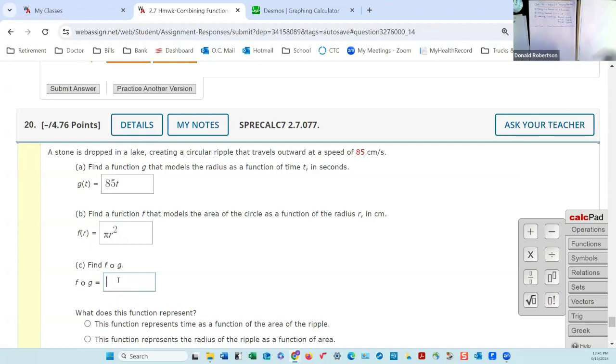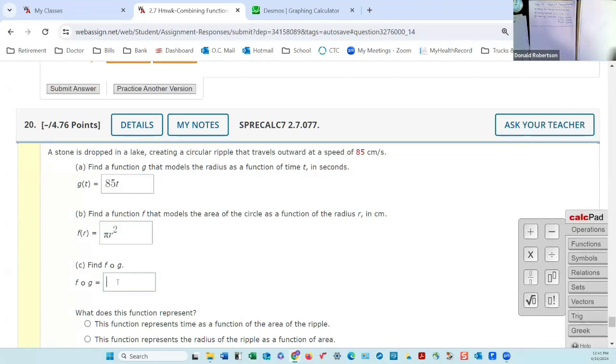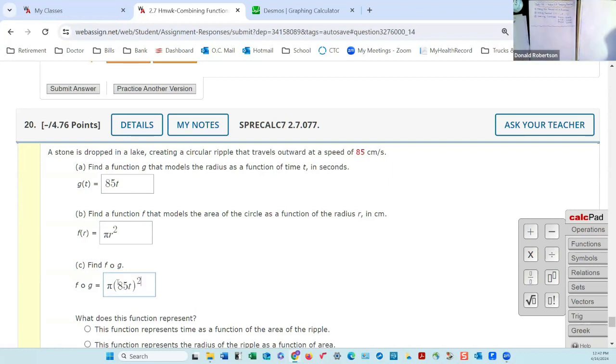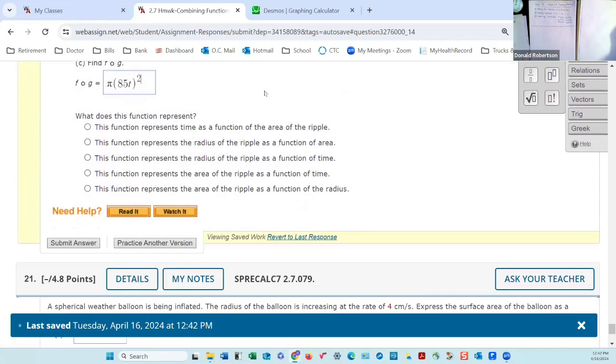Well, f of g would be this guy and that guy. So what would that end up being? Well, it'd be pi times the radius squared. And what you need to do now is basically find out what 85 squared is as a number, and you'd have that number, pi t squared, and you'd be finished, and then you choose one of these.